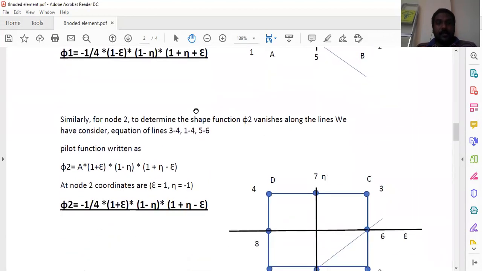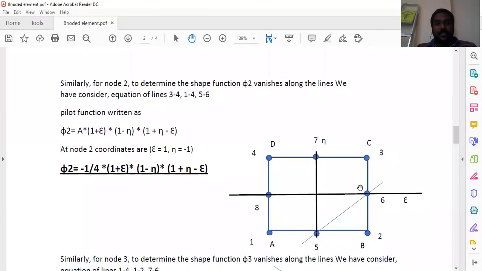Okay. So similarly, when you are calculating the shape function for node 2, we will consider lines 3-4, 4-1 and 5-6. The 3-4 line equation is given already. That is 1 plus zeta. And 1-4 is 1 minus zeta. And for 5-6, it is 1 plus eta minus zeta.